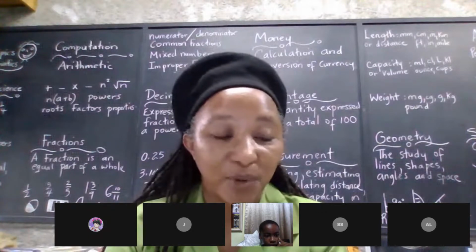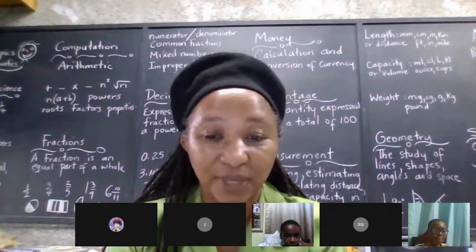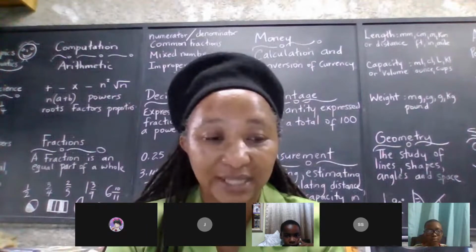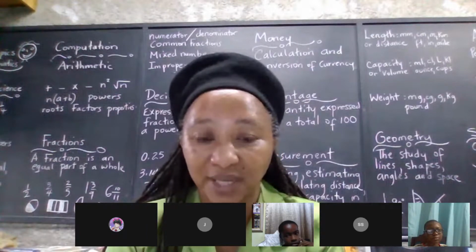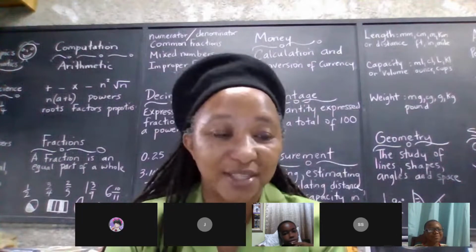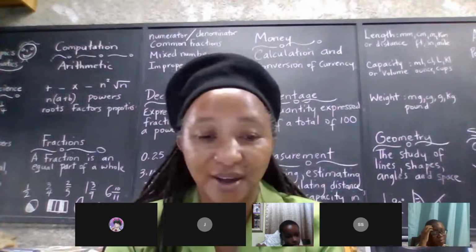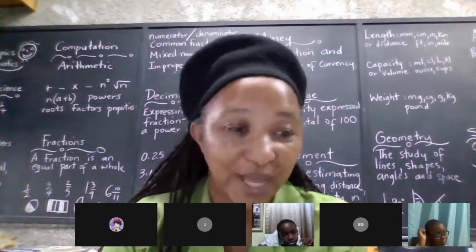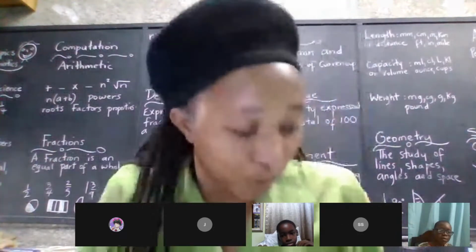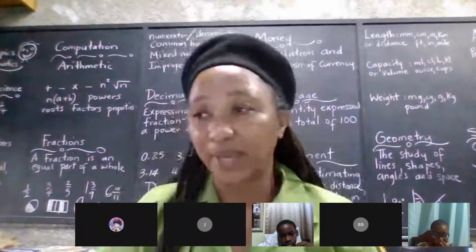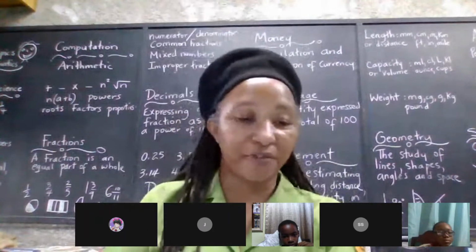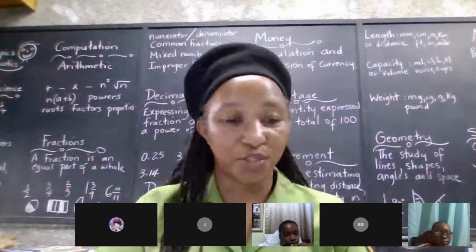I'm looking on the screen and 3 persons, I can't even see them. I'm just looking at some black boxes. So scholars, if you know you don't want to show your face and you don't want to talk, why do you come into the studio? I think you should leave the space for those who really want to participate and are not afraid to show their faces and let others hear their lovely voices, right?